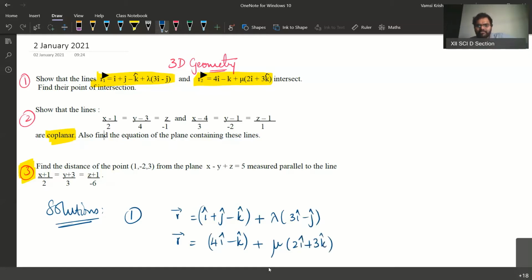How do you say, students, I want to know, how do you say that two lines intersect? Or what is the condition we use to say that two lines intersect? Any idea? Sir, they'll have a common solution. They have a common solution, yes. But how do you find those solutions? What is the way?